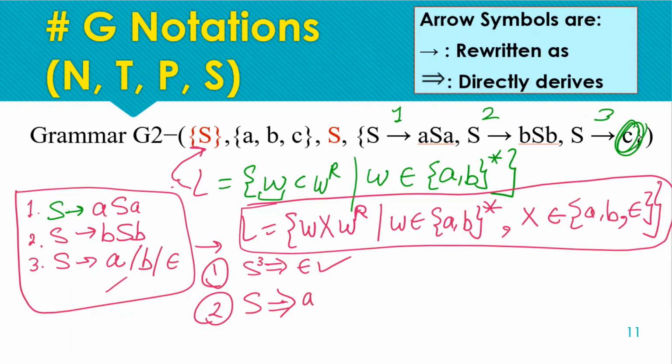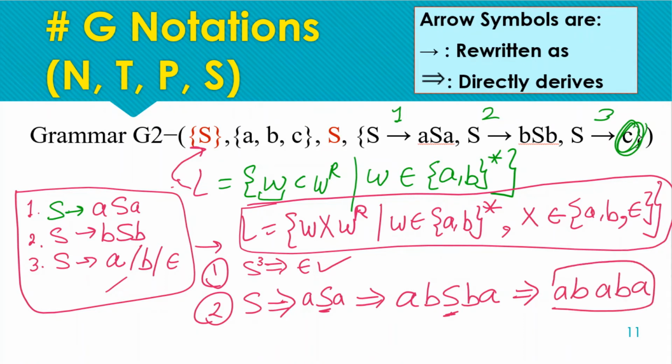So we get ASA, and further if we use ABSBA, and finally terminate with B or A, it's up to you, ABABA. So we can derive any palindrome string with the help of these production rules.